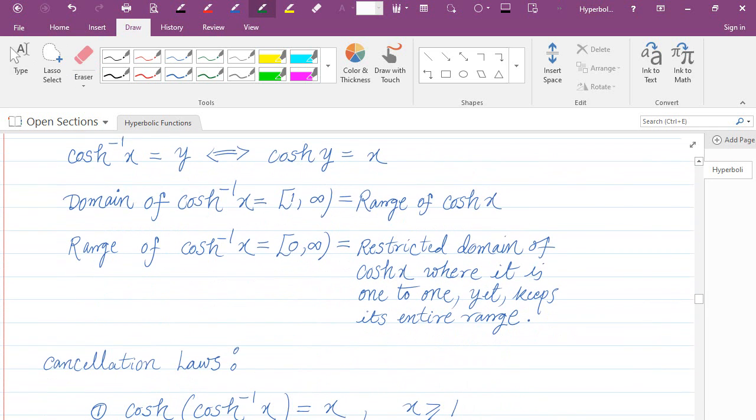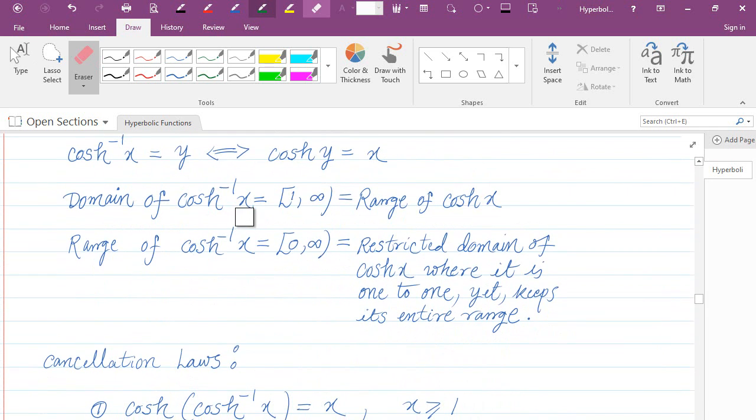Again, the domain of hyperbolic cosine inverse is the same as the range of hyperbolic cosine, which is 1 to infinity. And the range of hyperbolic cosine inverse is the restricted domain of the hyperbolic cosine, where it is one-to-one and yet keeps its entire range.